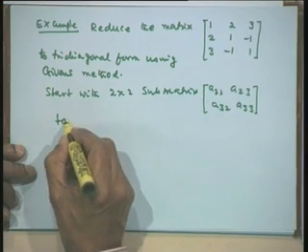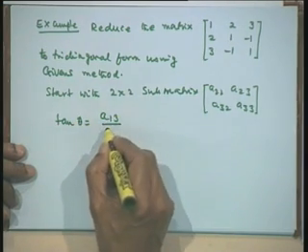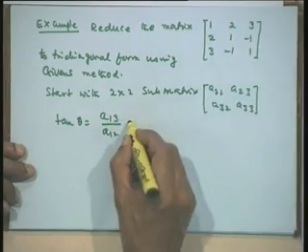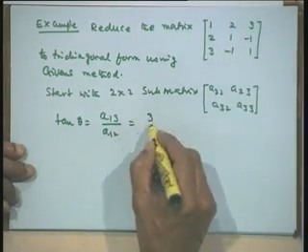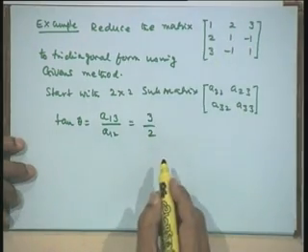Now, tan theta is A13 by A12, that is A13 is 3 and A12 is 2, that is 3 by 2.